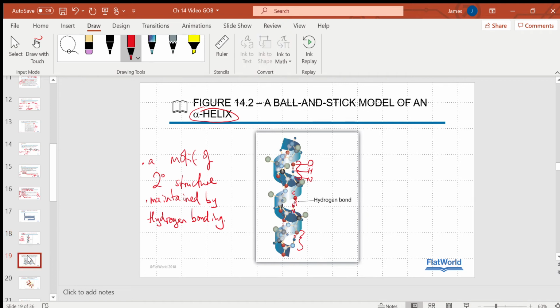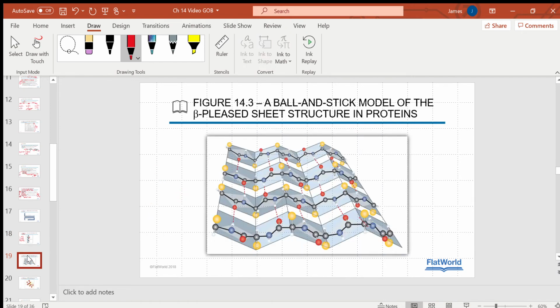The other type of secondary structure motif are these beta pleated sheets. That's a typo. Not pleased, pleated. Pleated, if you please. Okay. So this is a motif of secondary structure.